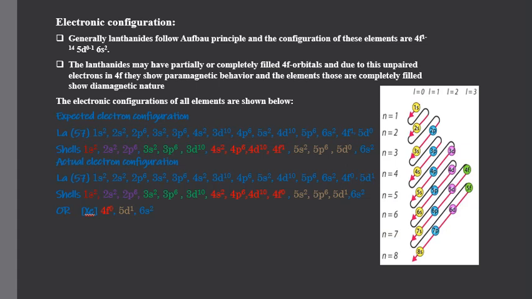The shortcut method for writing the electronic configuration is writing the noble gas core, then the remaining electrons in other subshells. For example, at the bottom of the series, we have shown xenon, the noble gas core, 4f0, 5d1, and 6s2.